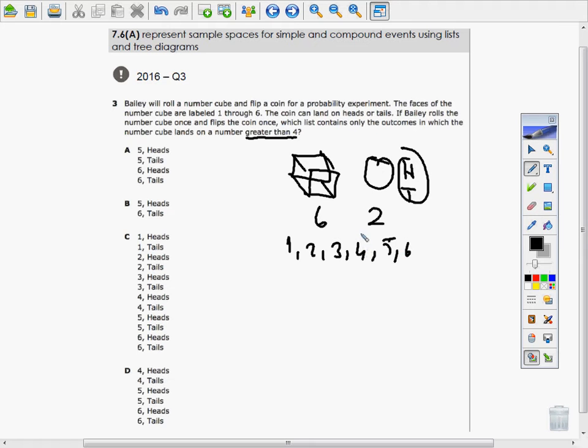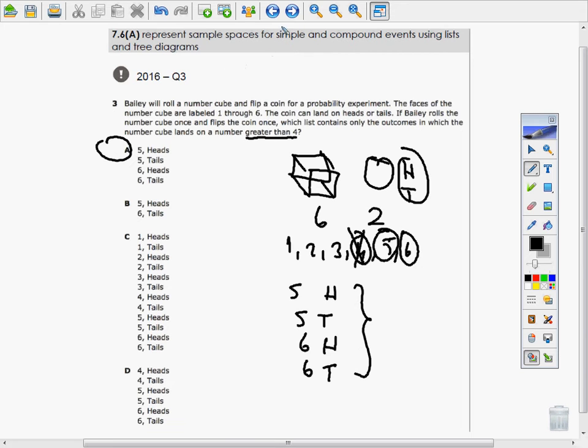It is restricted to 4, 5, 6, but it says greater than 4, which means 4 should not be included. So 5 and heads, 5 and tails, 6 and heads, 6 and tails are the outcomes we should consider. So A as in apple will be our answer.